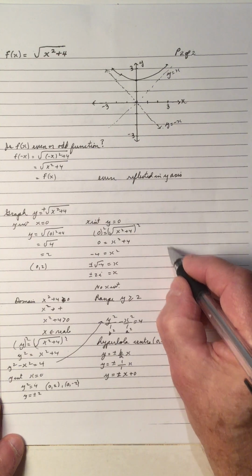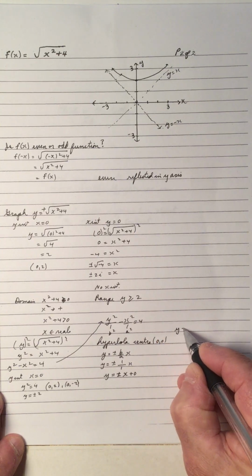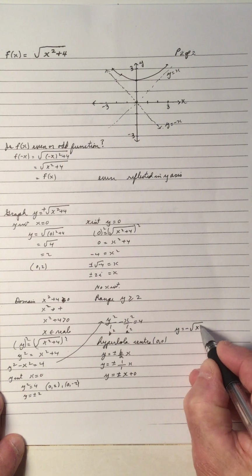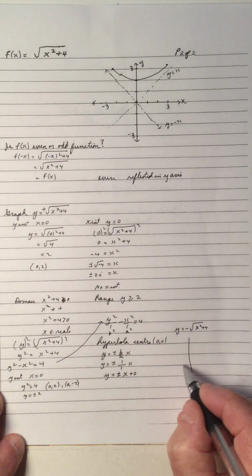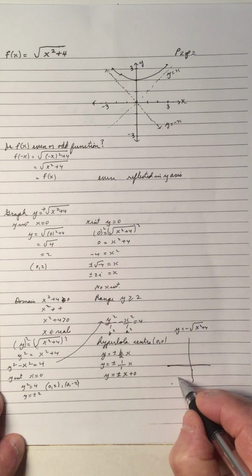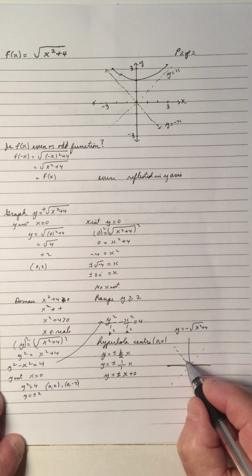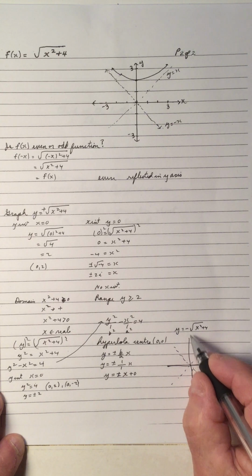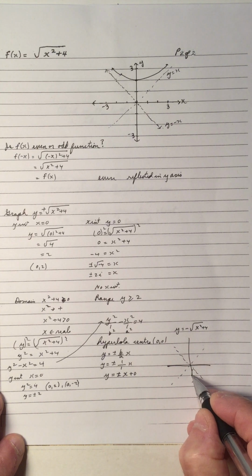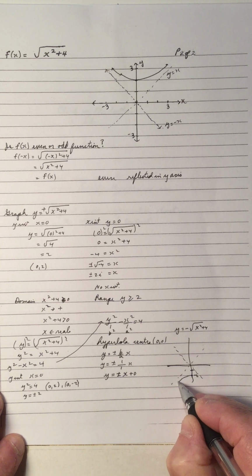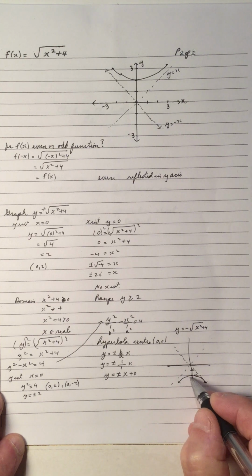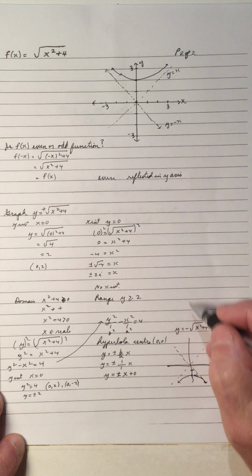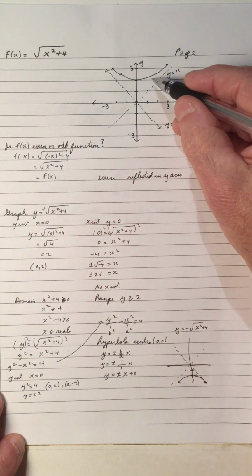If we did y equals negative square root of x squared plus 4, that would be like this. If that was a negative, the y would be negative, so that's negative 2 there, and it would be down here, the other part. This is the lower part because of the negative; this is the positive one, so that's the upper part.